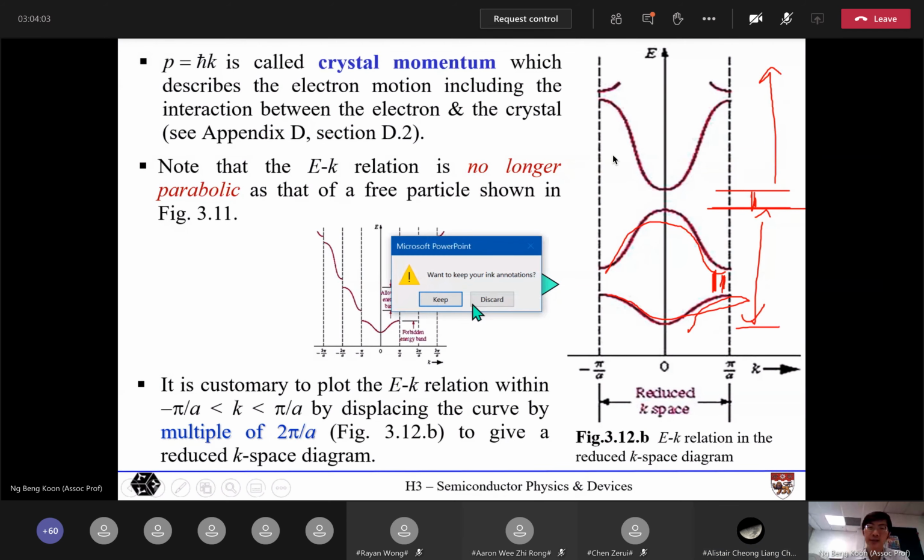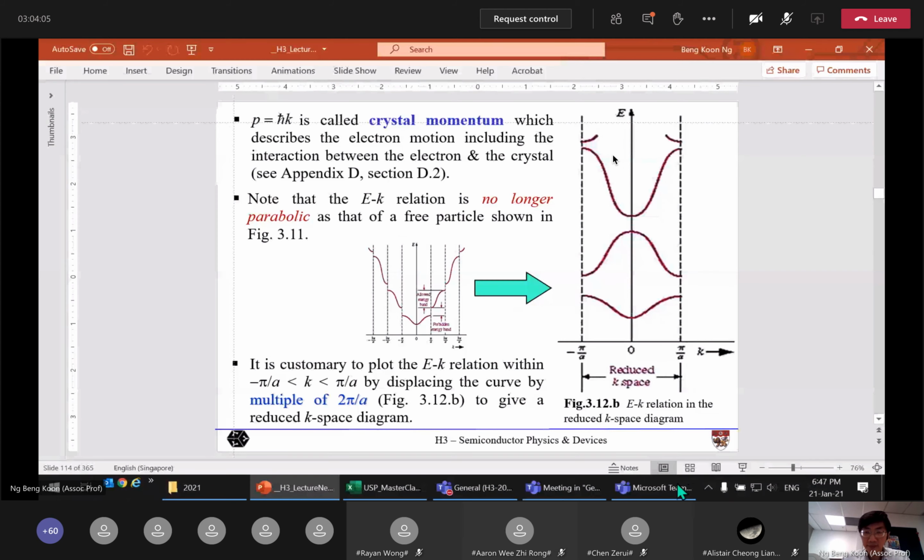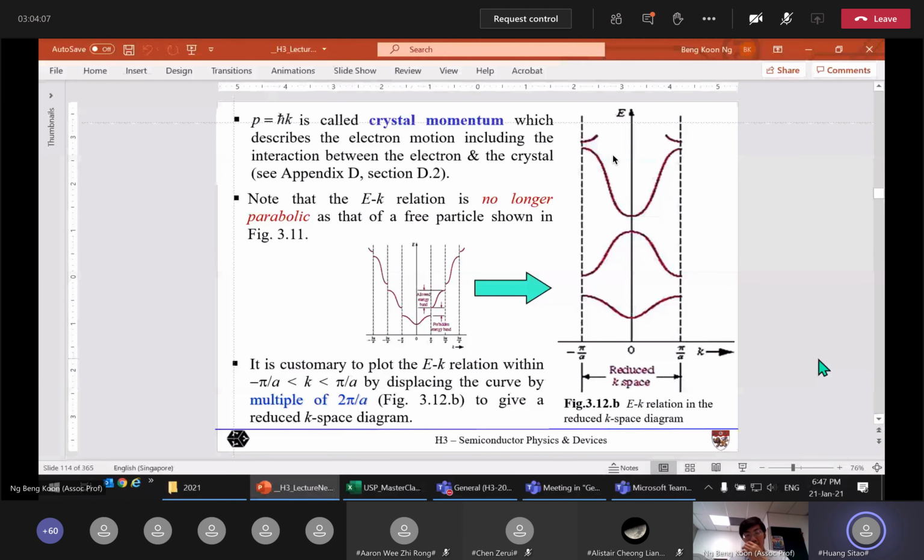Professor, for this slide, if there is a scenario where all the electrons in the valence band are excited into the conduction band, does it mean some electrons need to overcome two forbidden energy bands?